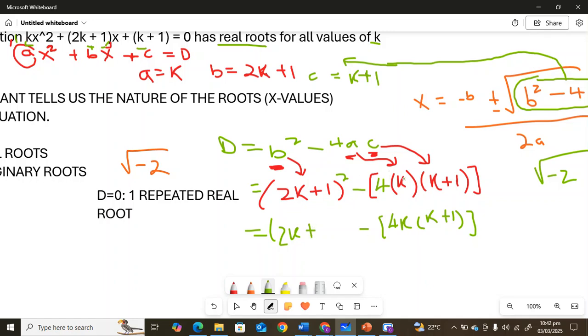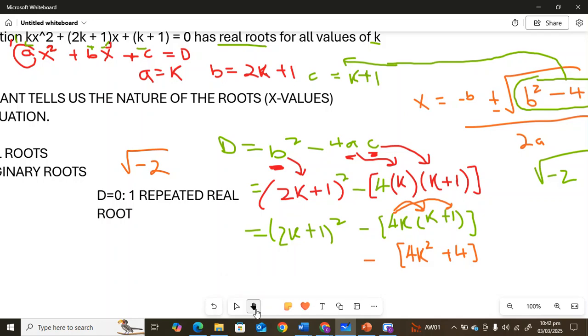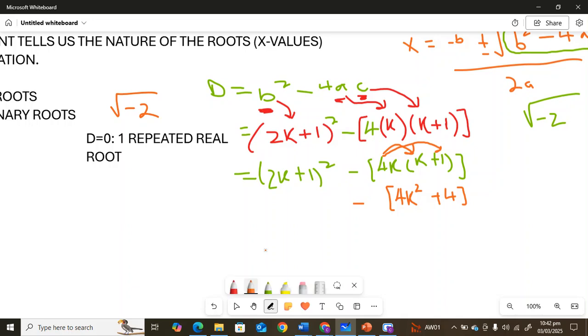But I just want to expand the one on the right hand side, then we expand this 2k plus 1 squared. So you're going to do 4k times k, 4k squared. 4k times 1, that is 4. Are we okay with that, colleagues? Okay, remember step by step.